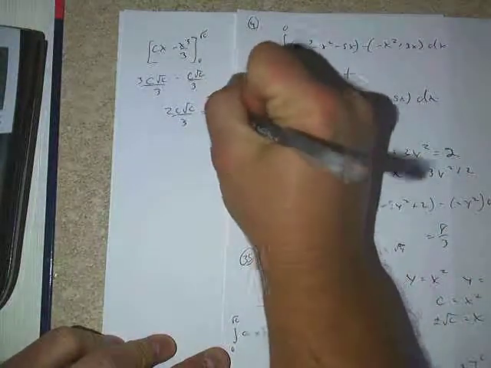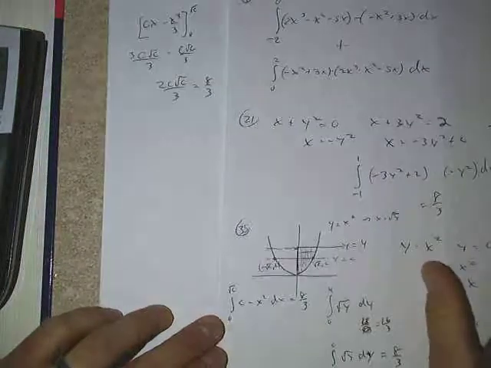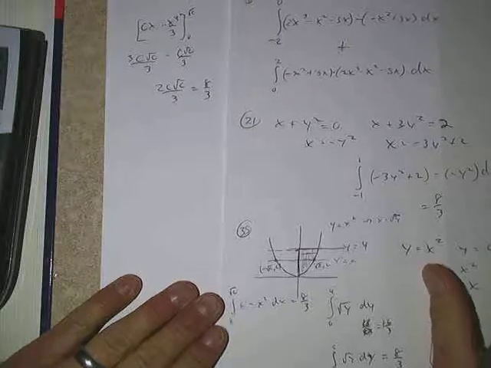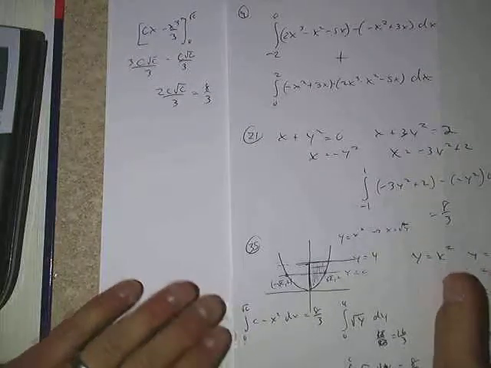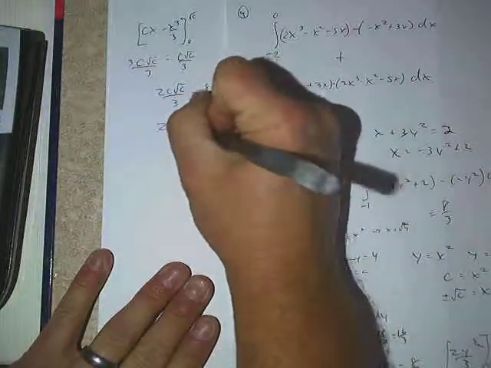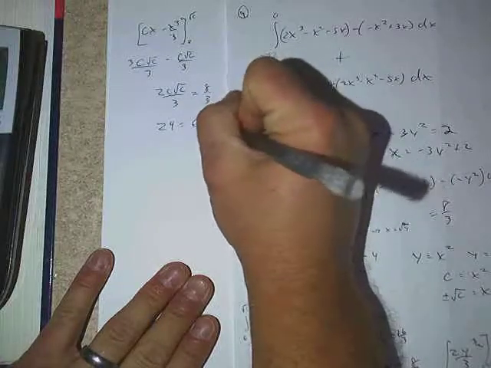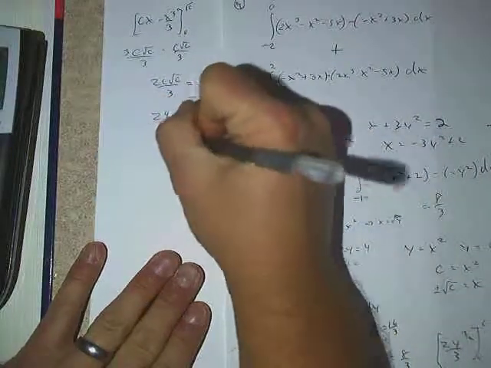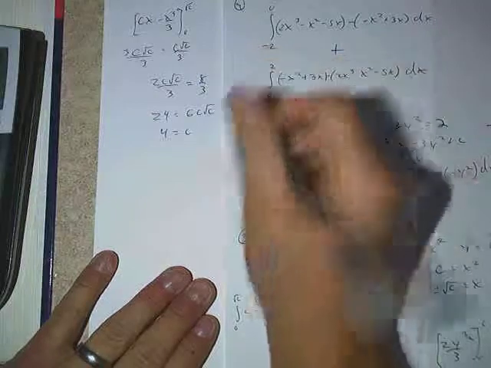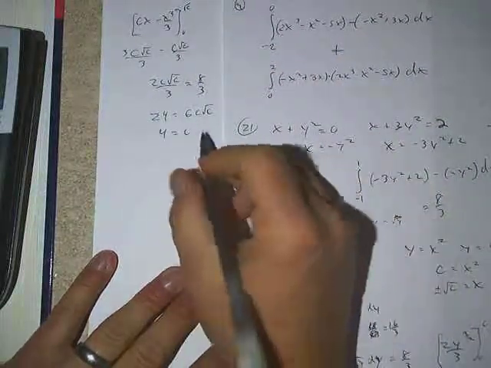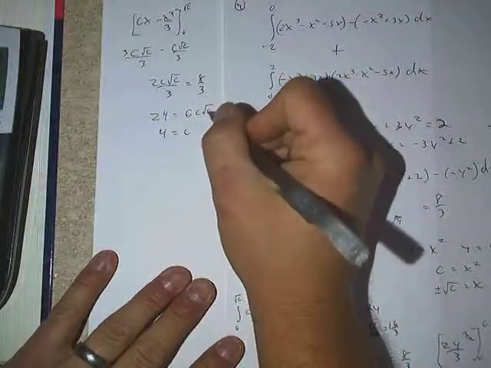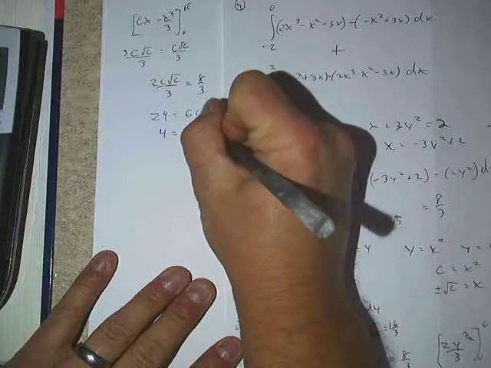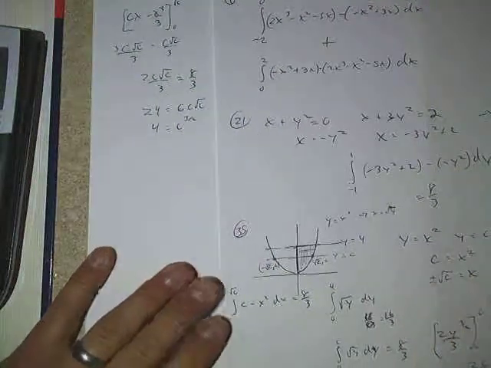I'll switch papers here so we've got some space. I know cx minus x cubed over 3 is going to be our antiderivative, going from 0 to radical c. If we plug in radical c, that's going to be c radical c minus c radical c over 3, and the 0 makes both terms zero.